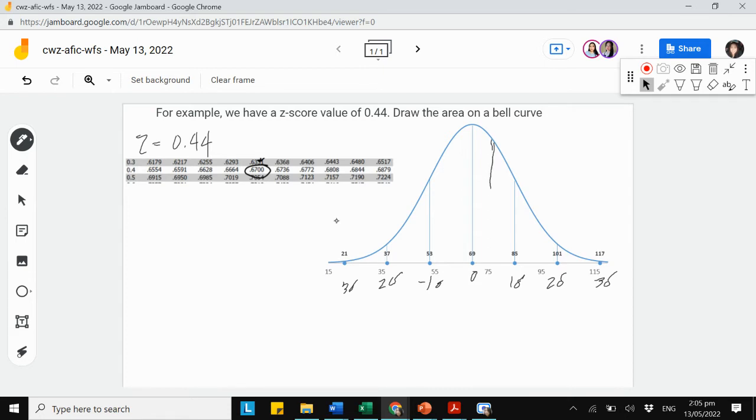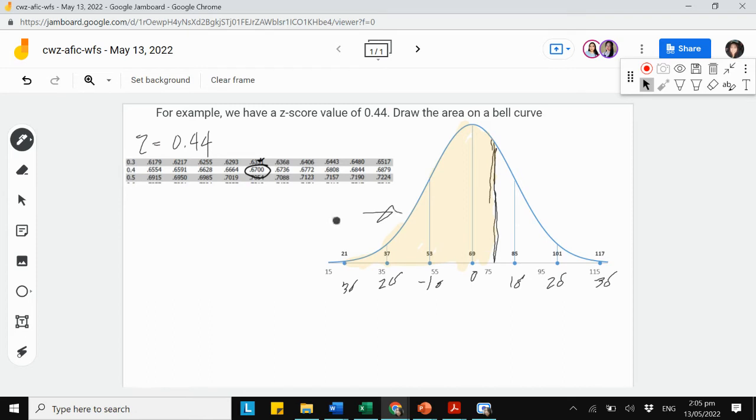If we shade it, this is the area. As I told you, this value always refers to the area to the left of the z-score.